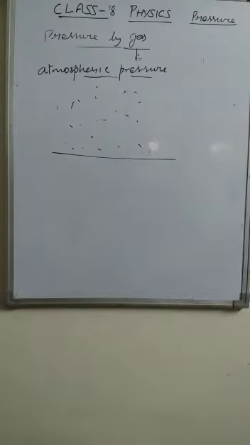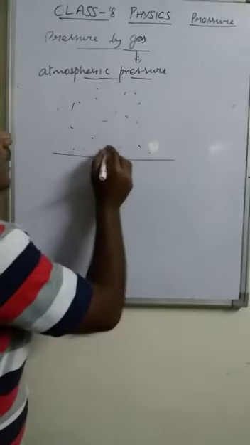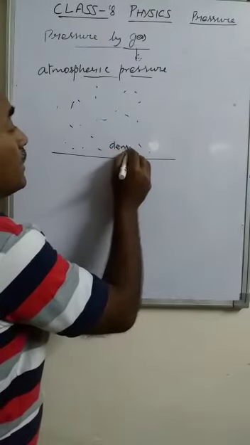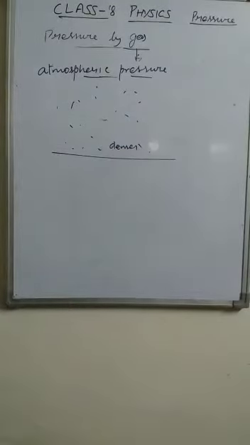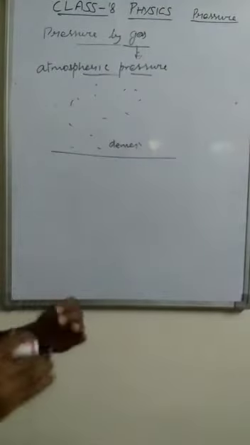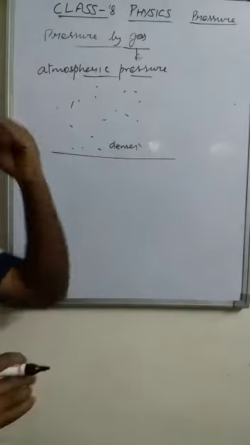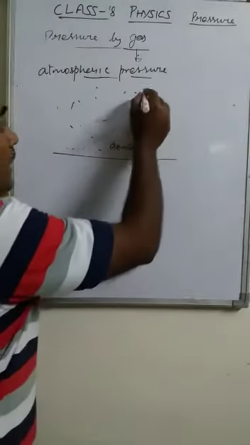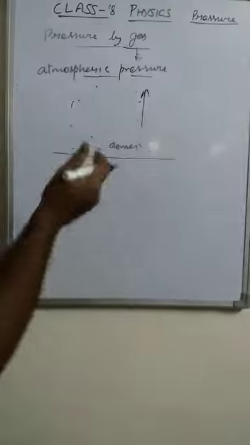Nearer to the earth's surface, the air is denser, that is, more air. As we increase the height, the air becomes rarer and rarer. So as we increase the height, the density of air continuously decreases.